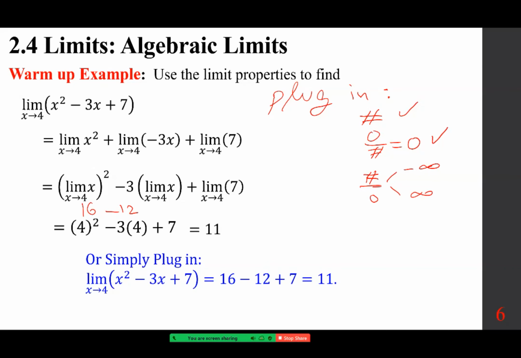Why is that? Because 0 is the only number that when we take a limit from the left and right, they have different signs. The left side of 0 is a negative value, so the left side has a negative sign. The right side has a positive sign. But any other number, both sides have the same sign.